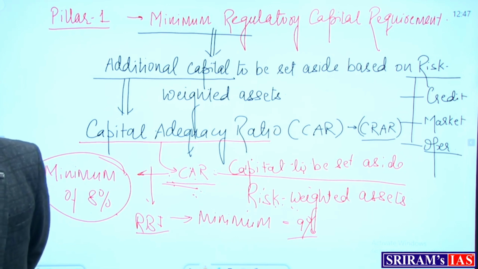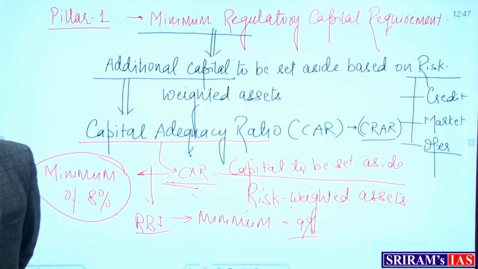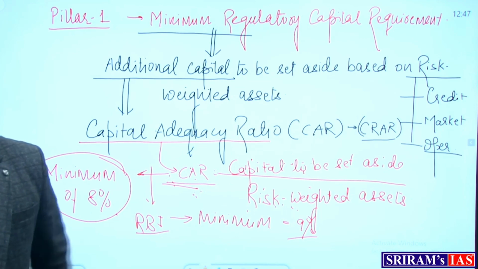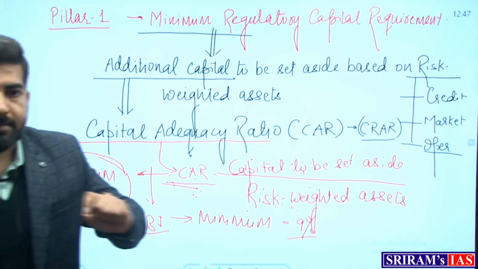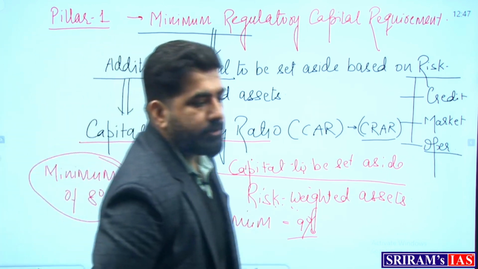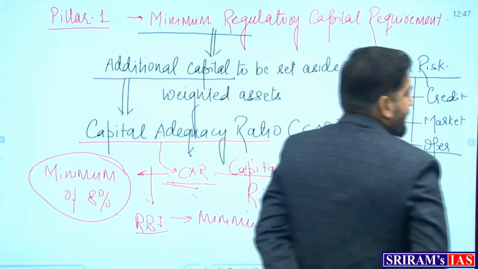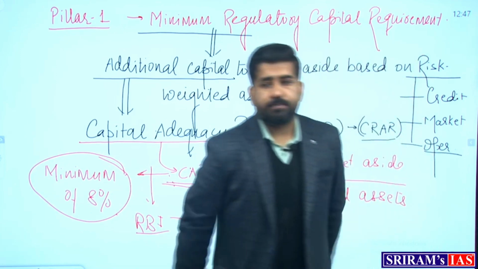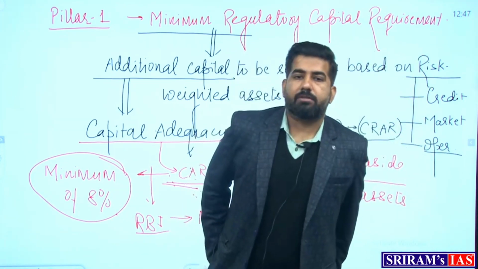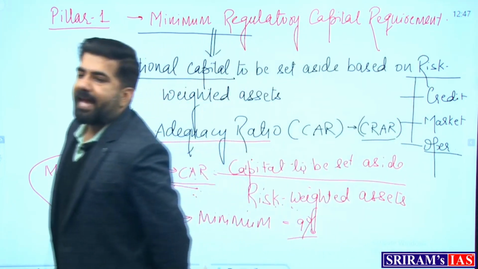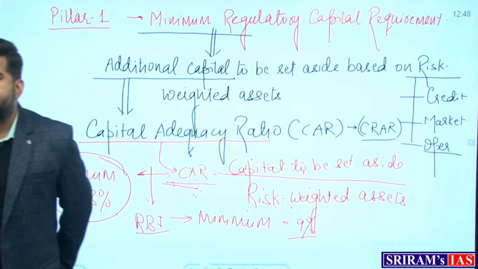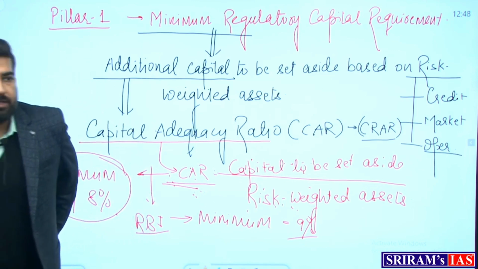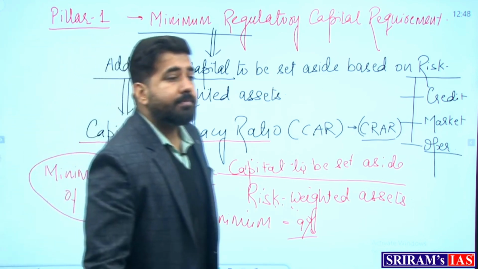Write it down one more line. RRB is 9%. ठीक है, इसके अलावा next point देखो, लिखो: NBFCs also have to maintain or comply with CAR requirement. NBFC, non-banking finance companies, which we'll cover tomorrow.